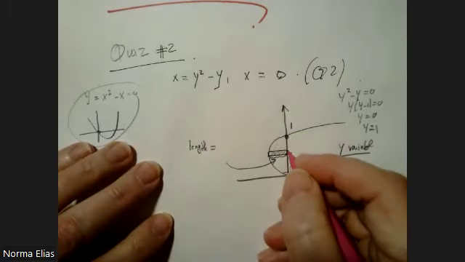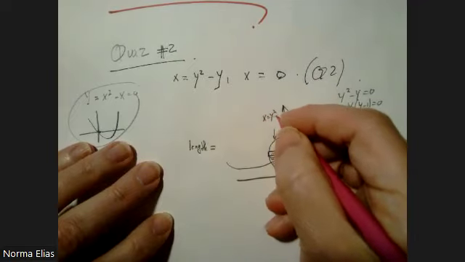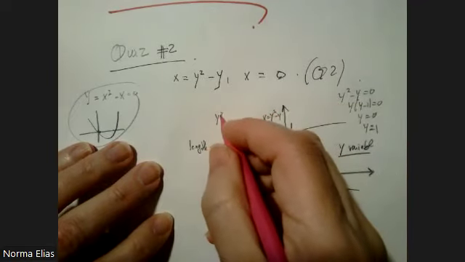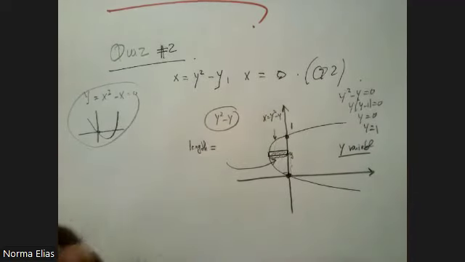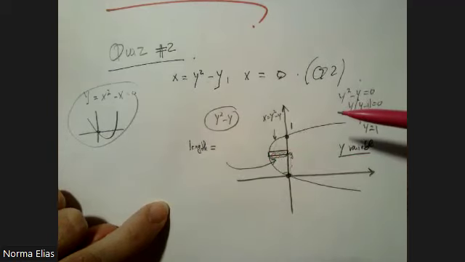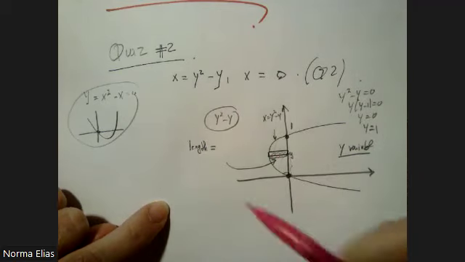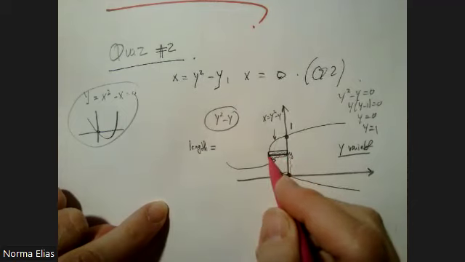Most of you told me, so this is 0, this is the curve, x equals y squared minus y, which means the length is y squared minus y. And that's wrong. For the first reason, y is positive. If you plug in a value of y here, from here to here is a negative number.